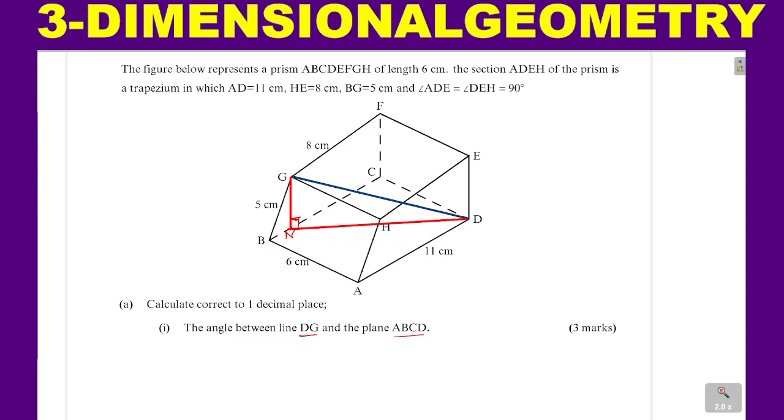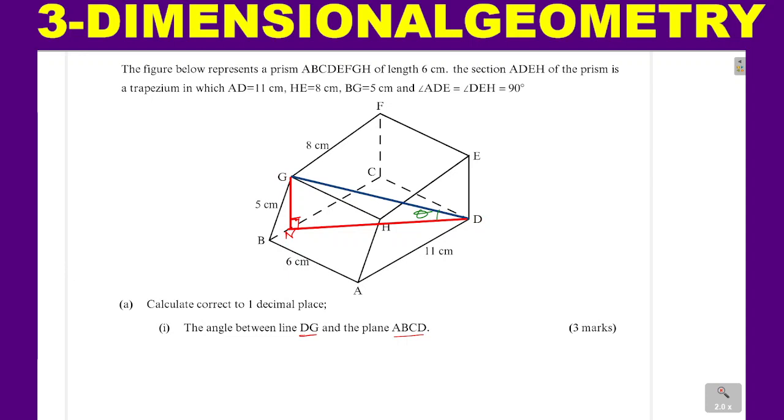The angle is here. This is the angle that we need to get, the angle between the line DG and its projection, DN. Look at the triangle formed. That is triangle NGD.